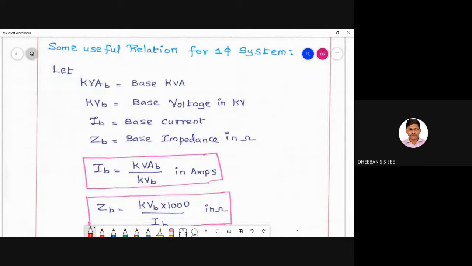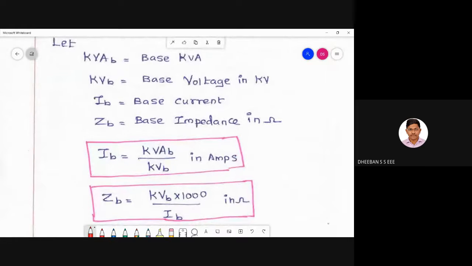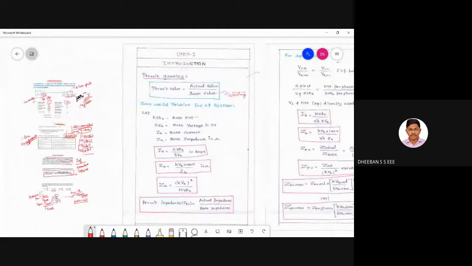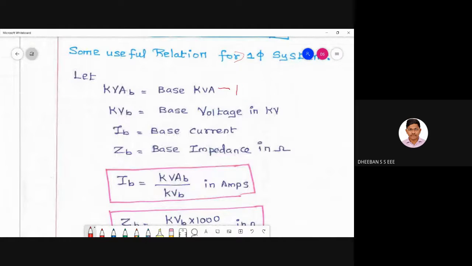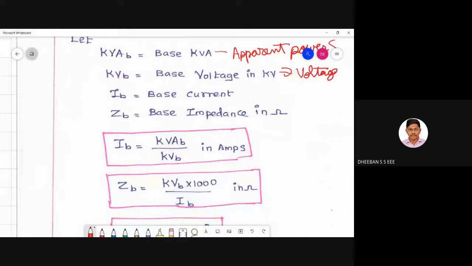Here they have given it in terms of kilovolt. This represents your apparent power S. This represents your voltage. This represents your base current followed by the impedance.